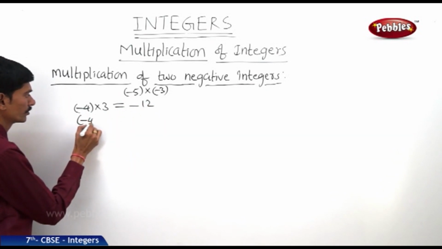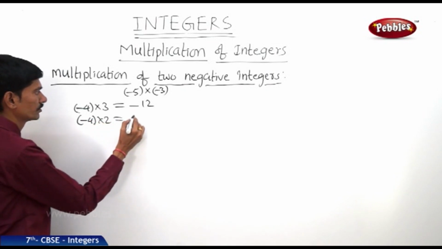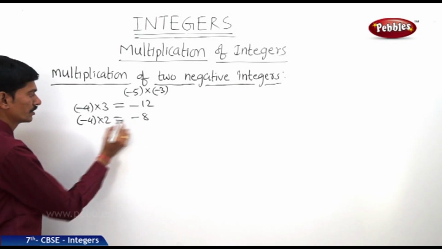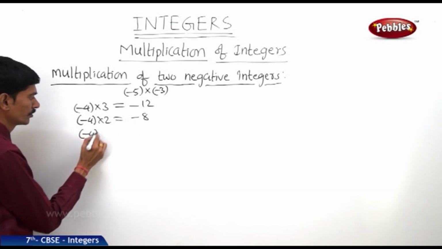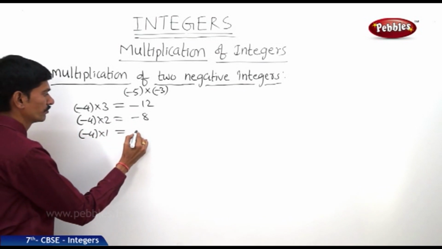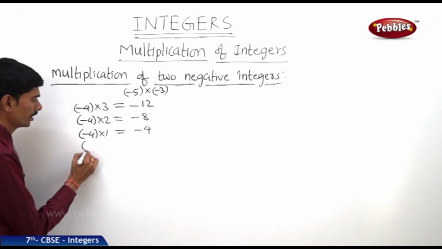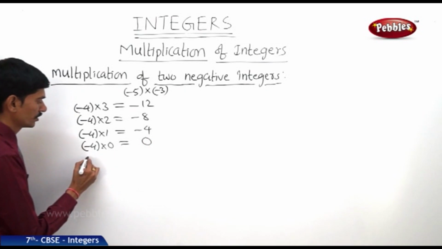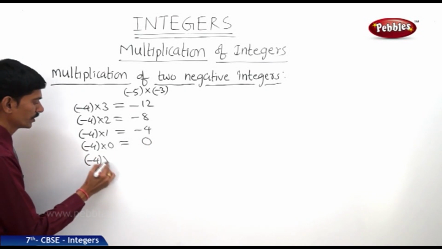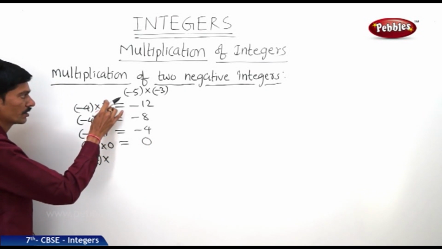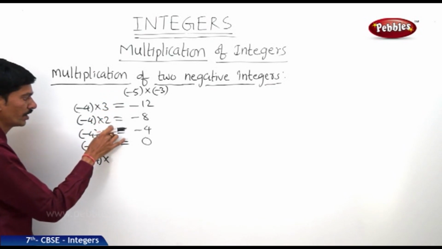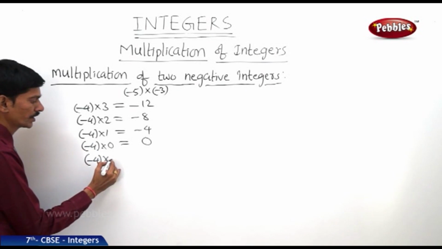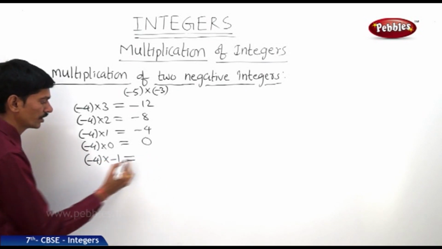Then minus 4 into 2 equals to minus 8, 4 2s are 8, and minus 4 into 1 equals to minus 4, and minus 4 into 0 equals to 0. Then minus 4 into, see here the multipliers are decreased by 1 each time. 3, 2, 1, 0, then we get minus 1 equals to what?